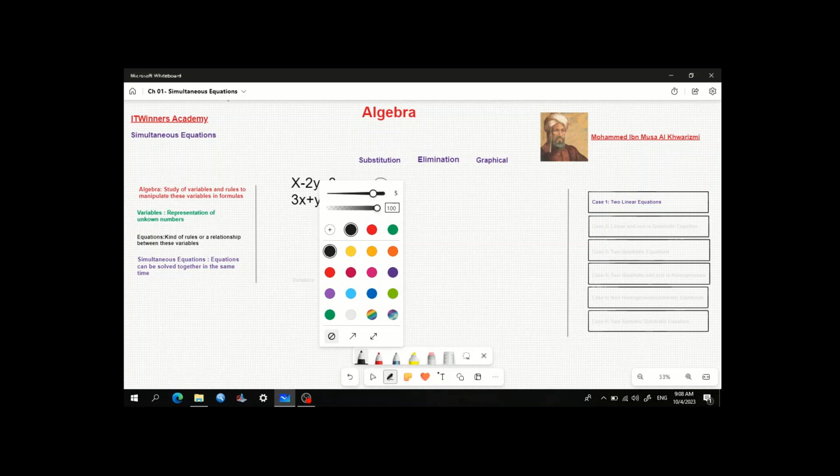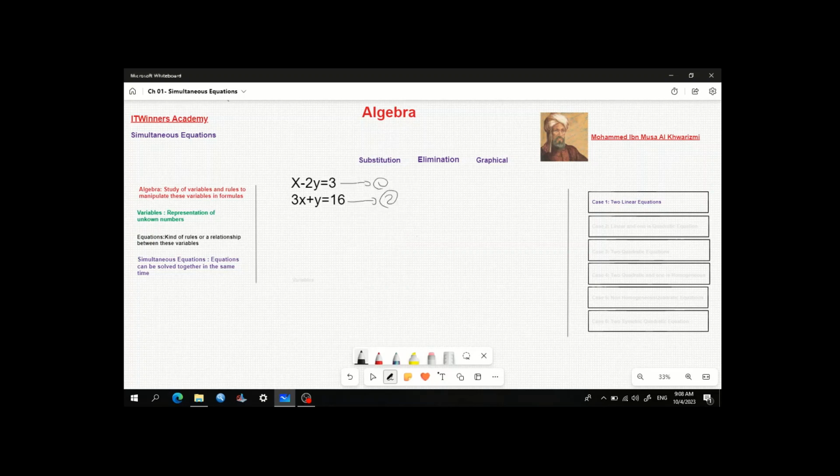By substitution, I will substitute one of these variables from one equation into another. So I can write x from 1: x equal to 3 plus 2y.